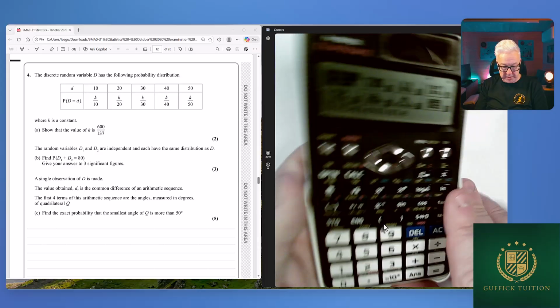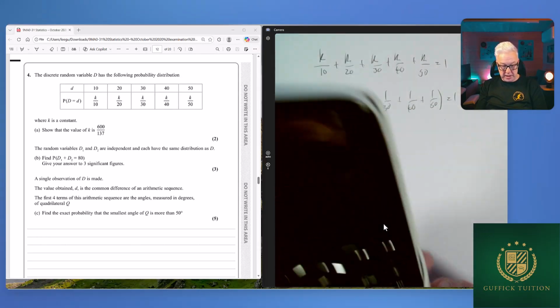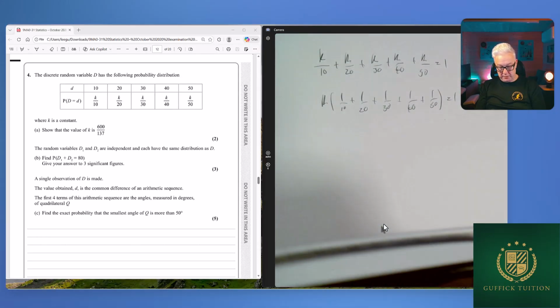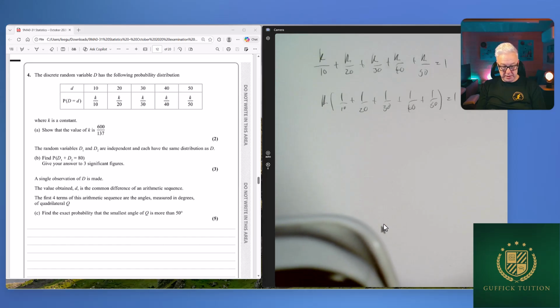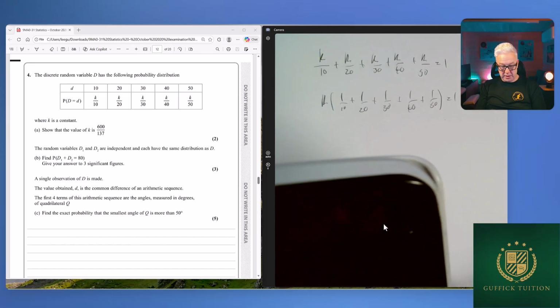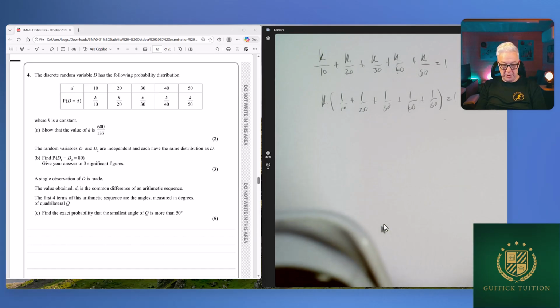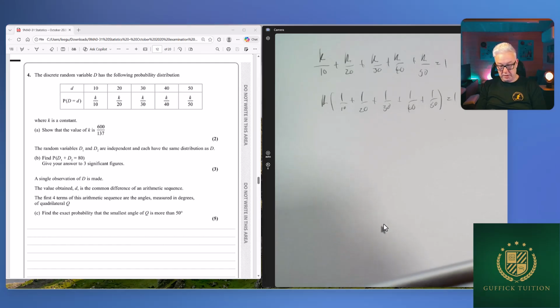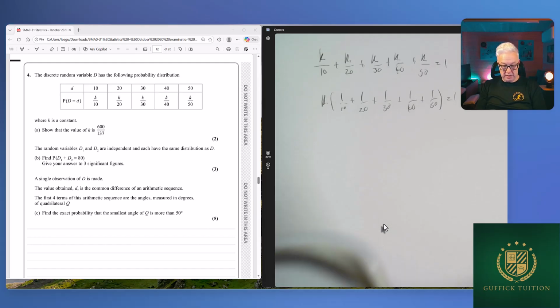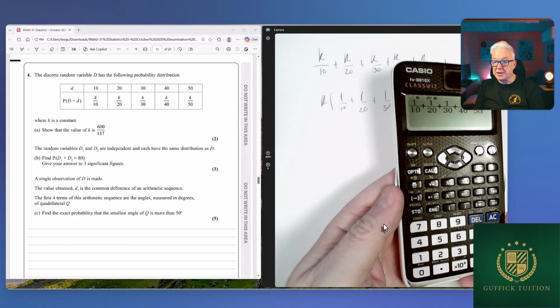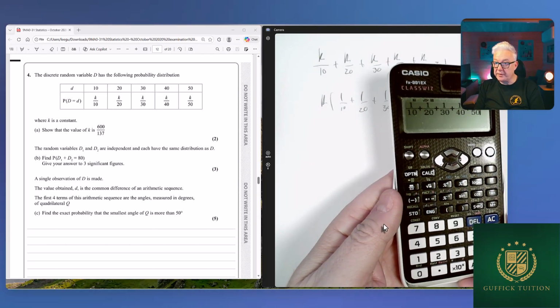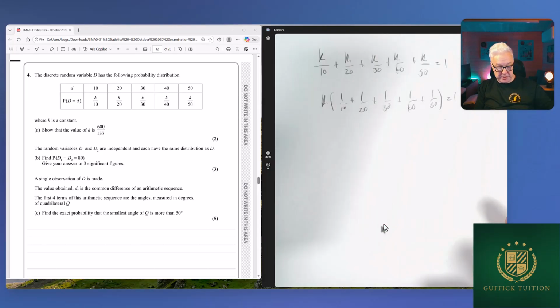So 1 over 10 plus 1 over 20 plus 1 over 30 plus 1 over 40 plus 1 over 50 is, oh, that's looking really promising, 137 over 600.